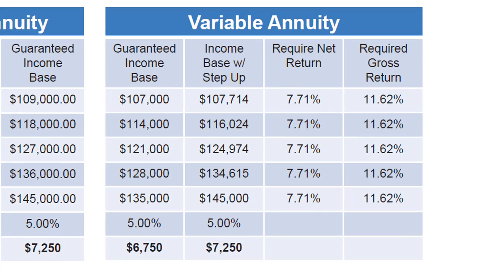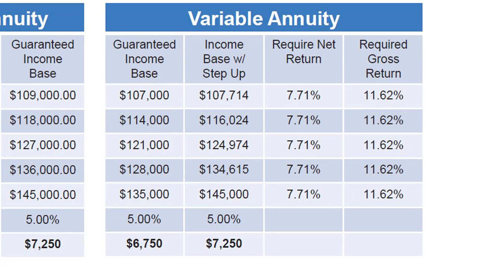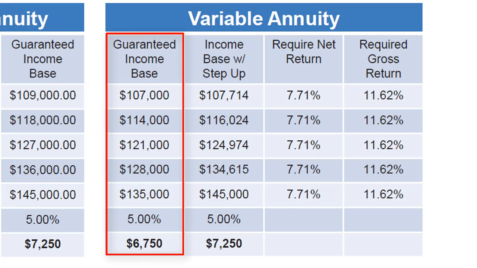On the variable annuity side here, what we can see is that first column does represent our guaranteed income base. So growing at 7% simple interest each year grows our income base to a guaranteed income base of $135,000. After our 5% withdrawal, we're at $6,750.